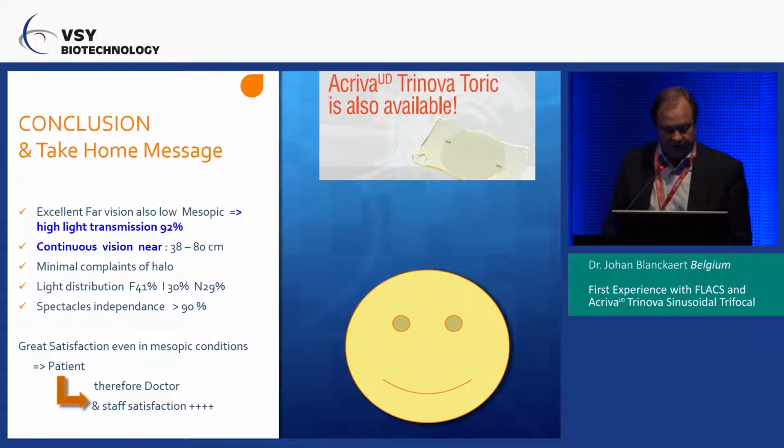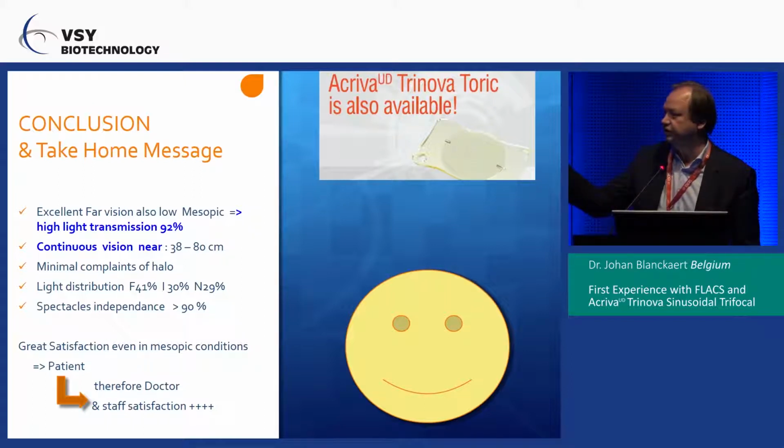So I have great satisfaction even in mesopic conditions of my patients, and therefore doctor and staff satisfaction, which is kind of high. And now I know why one of my patients said to me that the grass is greener after surgery. I just heard it with the colors.